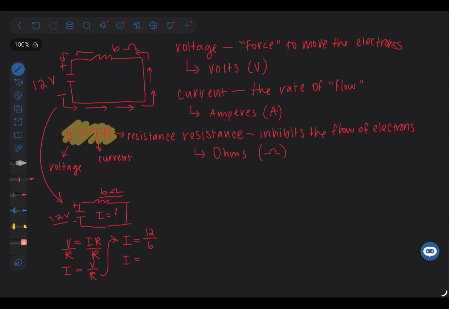So the current is going to be 12 divided by 6, which is 2, so it's going to be 2 amps.